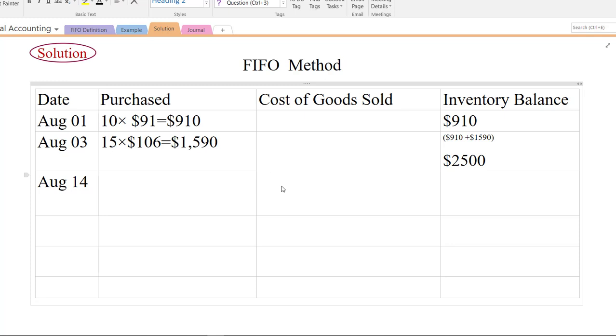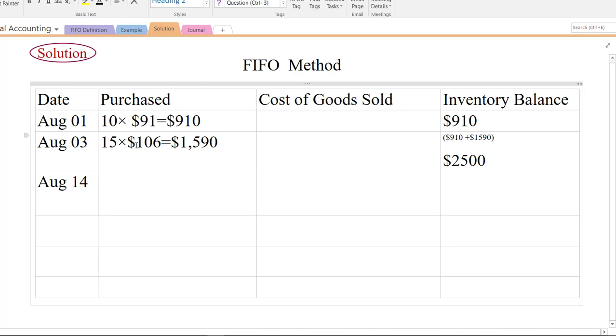Or in simple words, all this cost is cost of goods sold. Now, what is our old cost? Obviously, August 1st is our old cost, and we are going to record it in the cost of goods sold. And the recent cost, till August 14, is the cost for August 3rd. So that is 15 units. So the ending inventory will be from the 15 units.